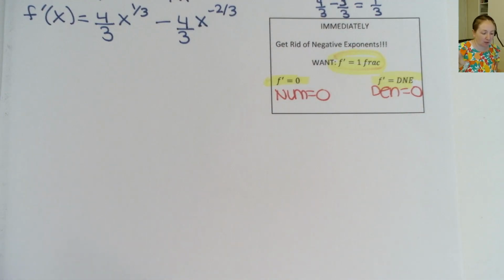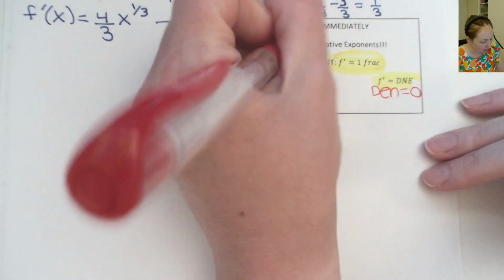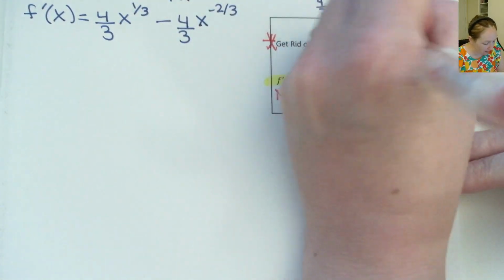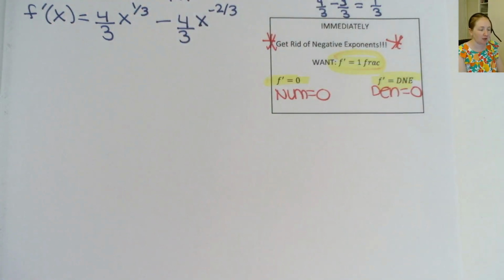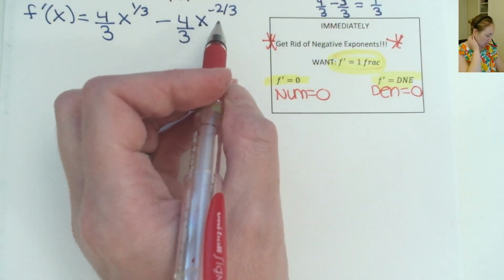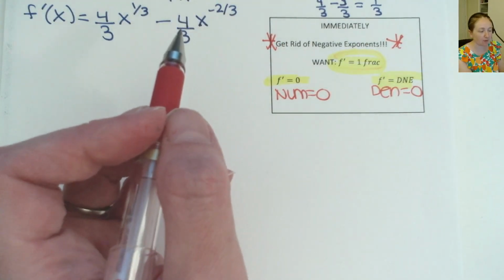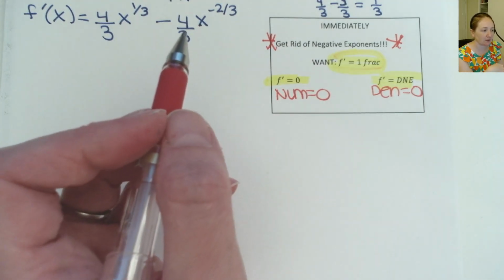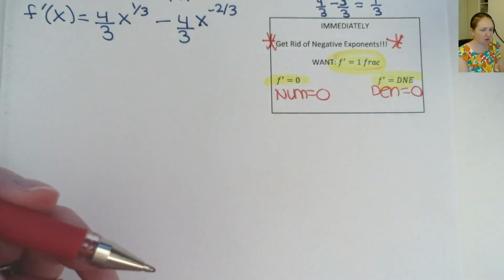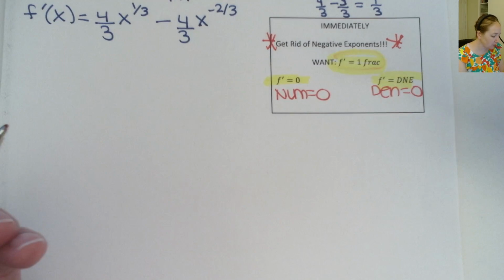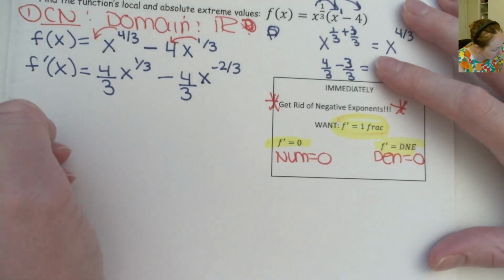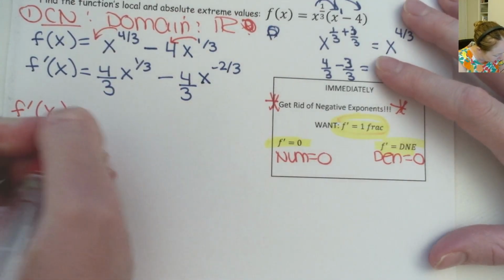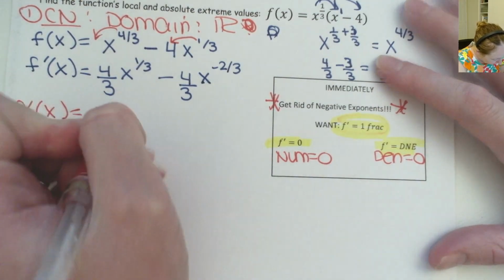Most of the time, the best way to do that is to get rid of your negative exponents as soon as you possibly can. So this negative exponent of negative 2/3, you don't want to keep that in the problem. You want to move that down into the denominator so that it's a little easier to deal with. I'm not going to worry about all the other problems.